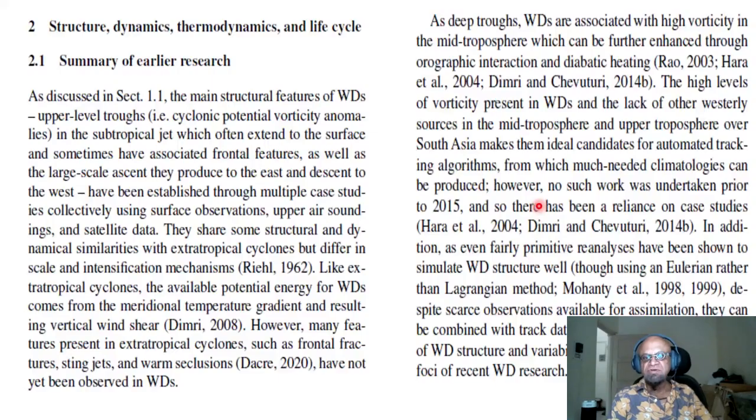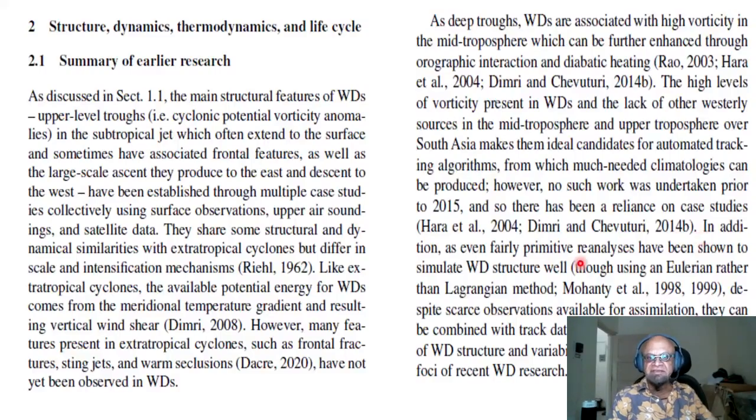So no such work was undertaken prior to 2015, and so there has been a reliance on case studies as opposed to taking a very filled in space and time output like ERA5 and doing it throughout the period like 1950 to 2020 or whatever they are looking at here, but people just used events that were tracked and then did composites and analysis with those.